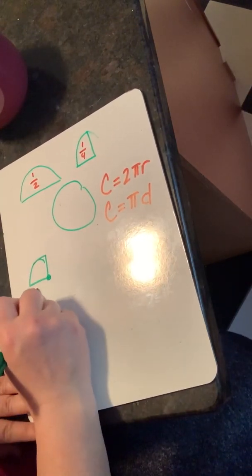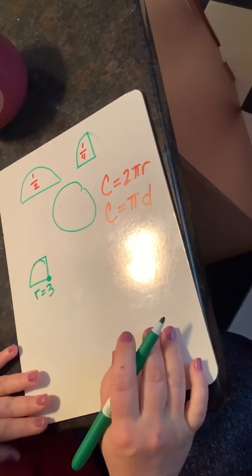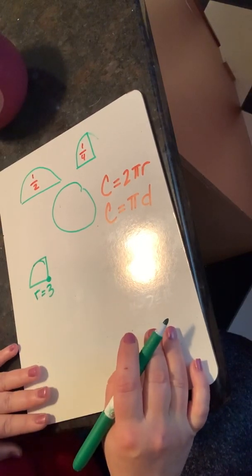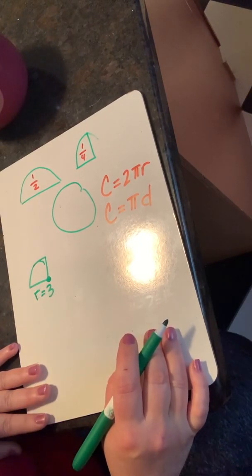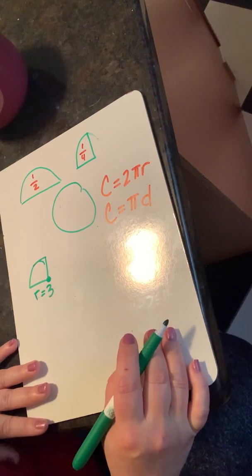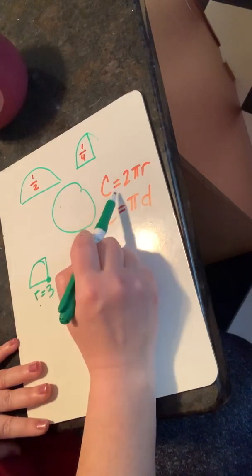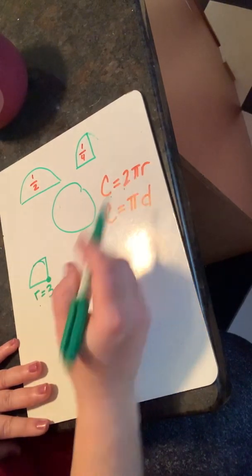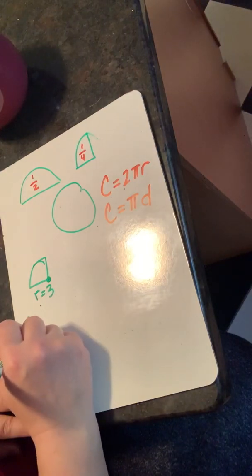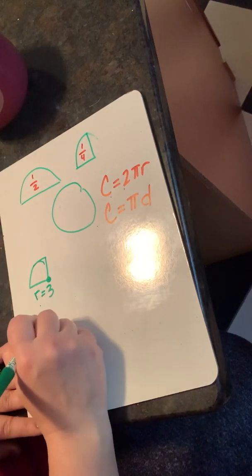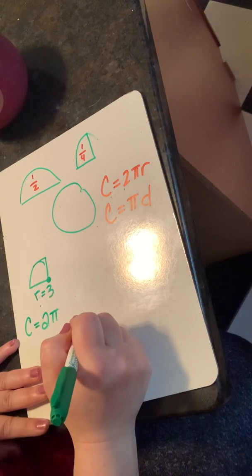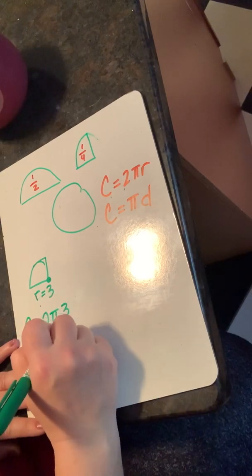I'm going to say my radius this time is 3. And I'm going to find the circumference of the full circle. That is my first step. Since I'm given radius, I'm going to use the equation circumference equals 2 pi r. I'm going to rewrite it: circumference equals 2 times pi times r, and plug in my value of 3.